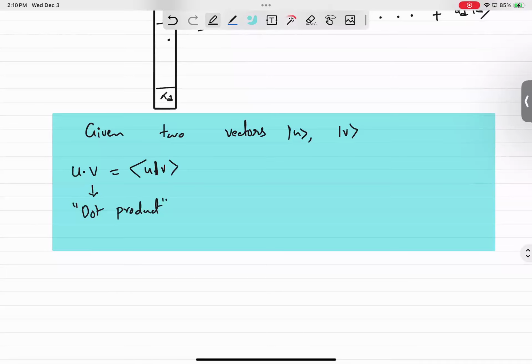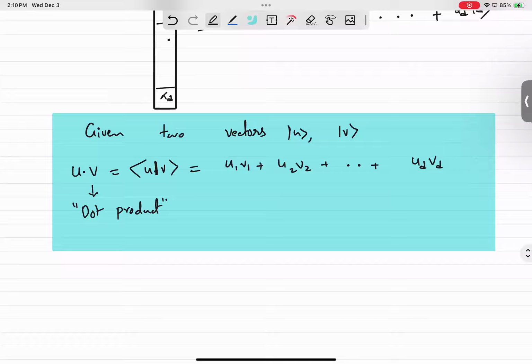In quantum notation, you write it with this flipped ket, which is called a bra. It's like a bracket. So the bracket of u and v is u1 v1 plus u2 v2 plus so on, all the way up to ud vd.